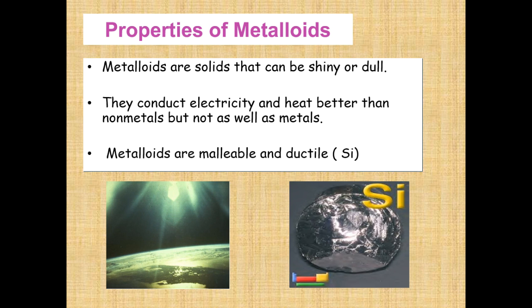The properties of metalloids. Metalloids are solids that can be shiny or dull. They conduct electricity and heat better than non-metals but not as well as metals. Metalloids are malleable and ductile, silicon etc.